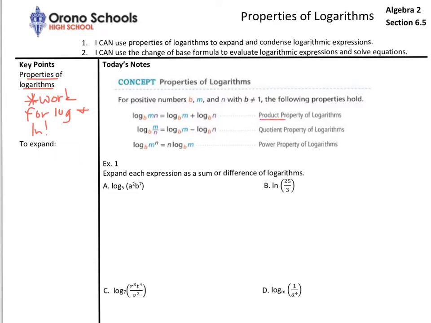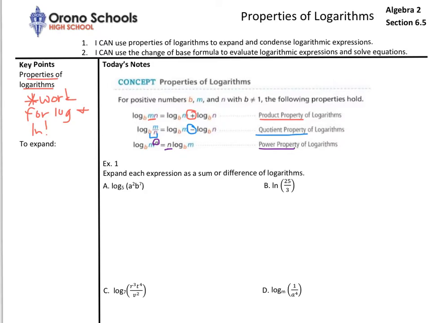The product property takes a compound logarithm that has a product, and it splits it into addition. The quotient property has a fraction and splits that up into a subtraction of logarithms. And then we have the power property when you have an exponent. And what that does is it puts it out in front as a coefficient.